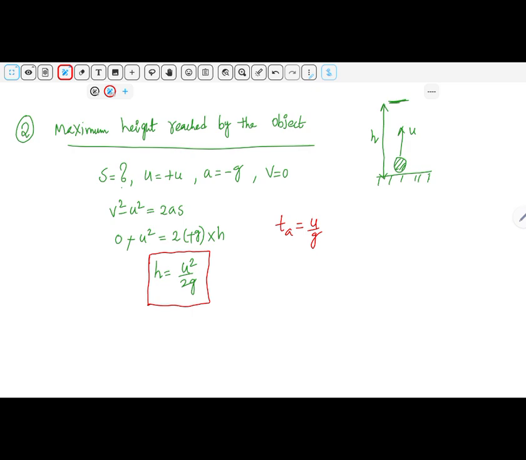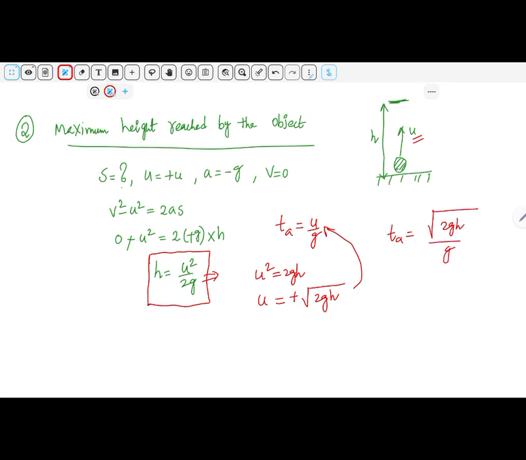How can we get it? I can write u square is equal to 2gh, and u is equal to under root 2gh, and here you will get plus or minus. As the initial velocity is vertically upwards, we can take plus without any doubt. Now substituting that u value in this equation, another formula for the time of ascent is root of 2gh by g.